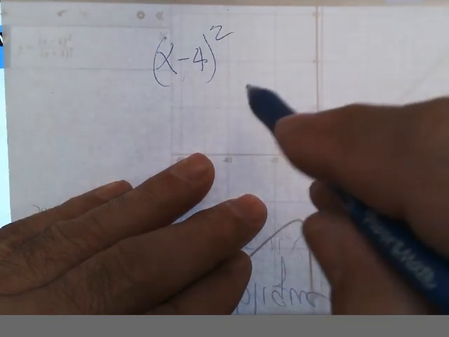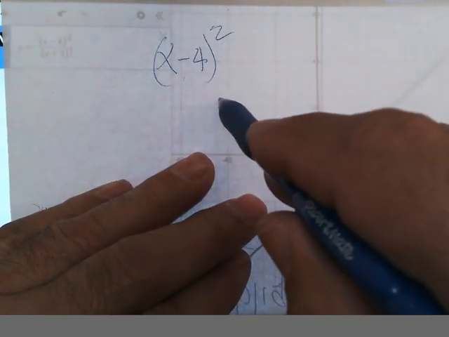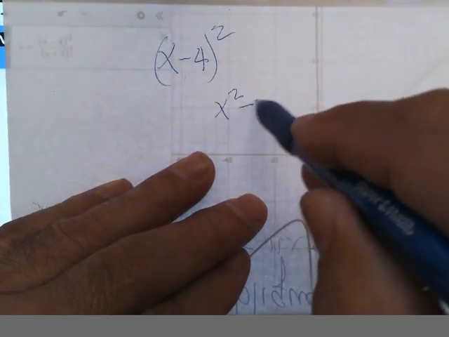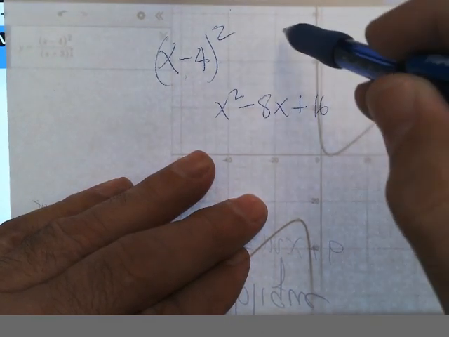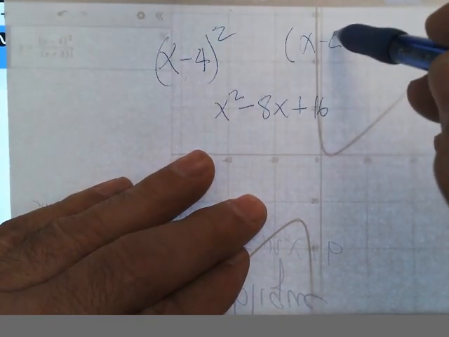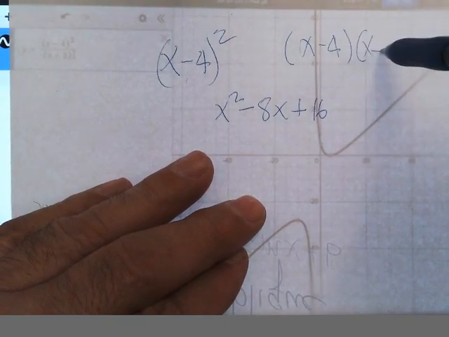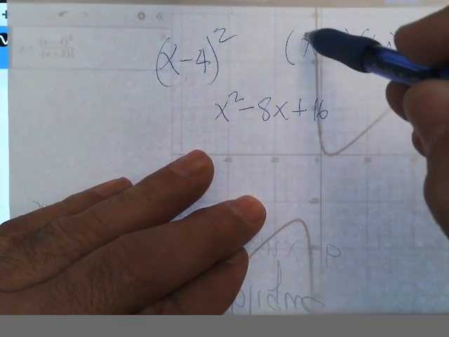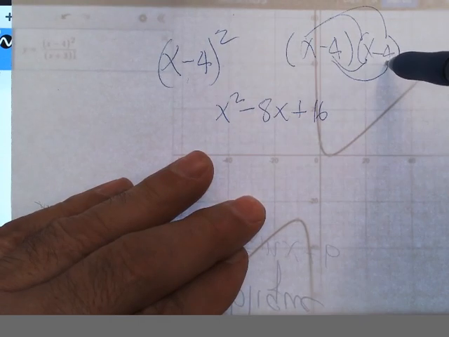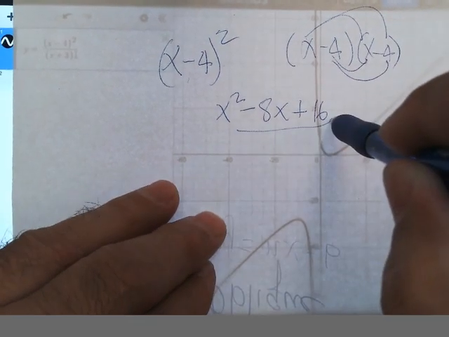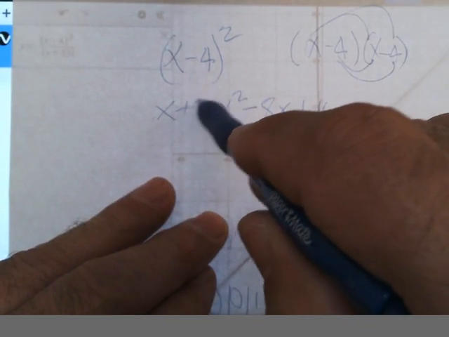So to do that, I'm going to multiply this out, and that would be x squared minus 8x plus 16. That's taking x minus 4 times x minus 4. And I've got to divide it by my denominator, which is x plus 3.